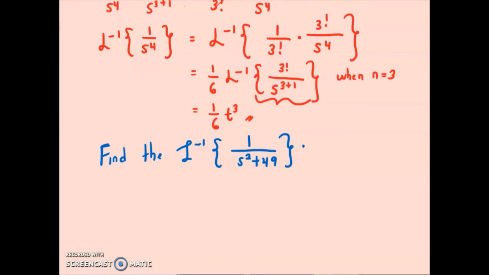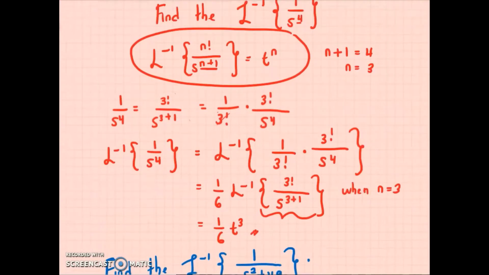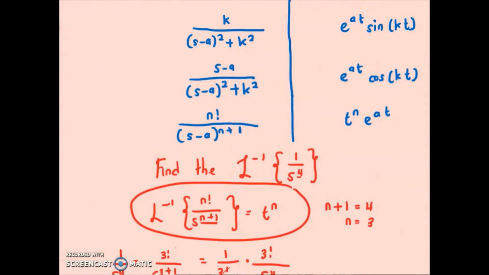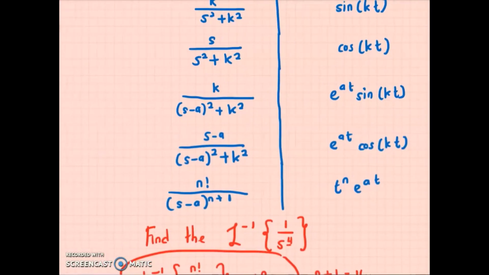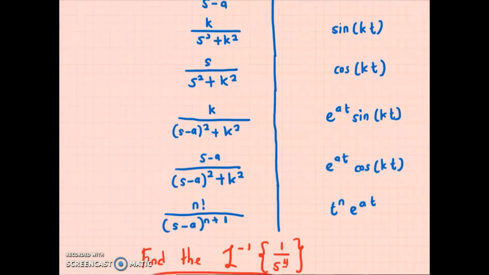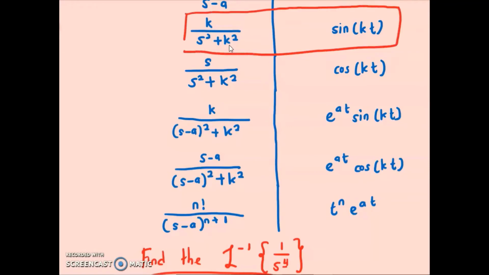So let's look at the table. The closest form that we can see from the Laplace transform table is this one, maybe. K over s squared plus k squared is given by sine kt. This is the closest form of transform that we can use.